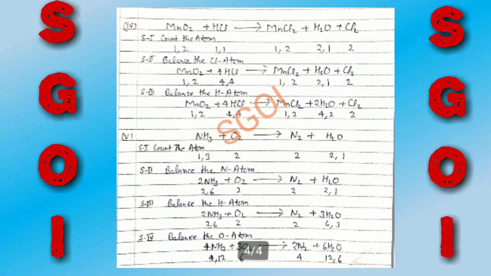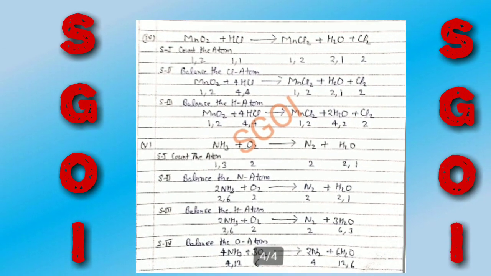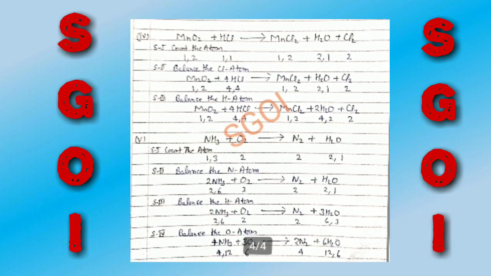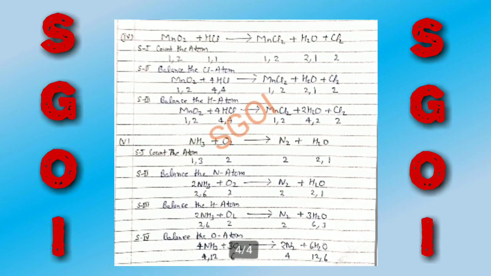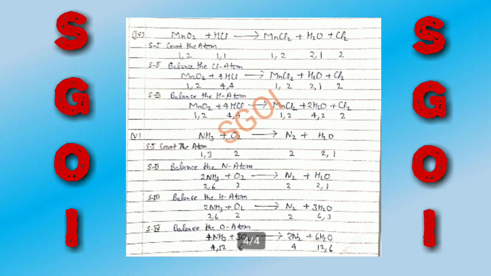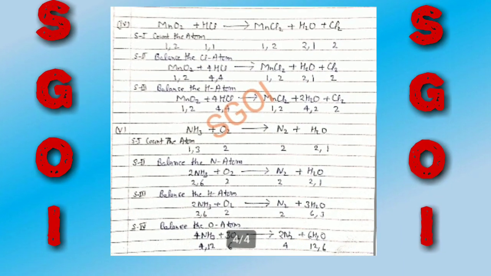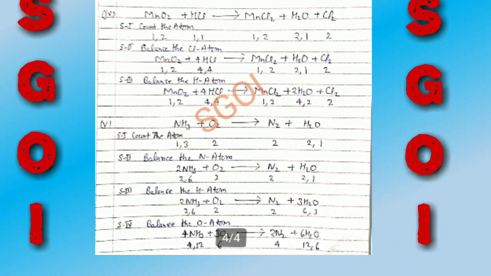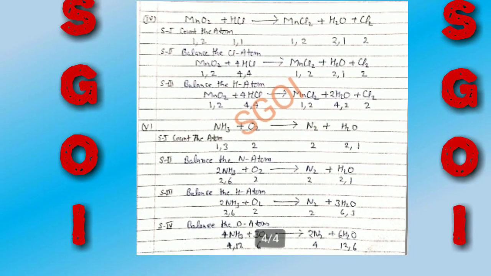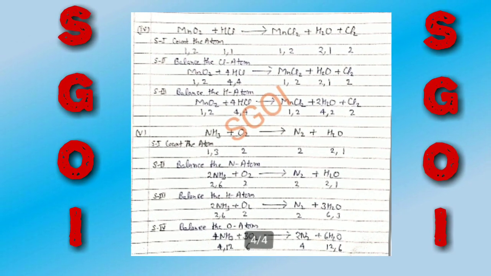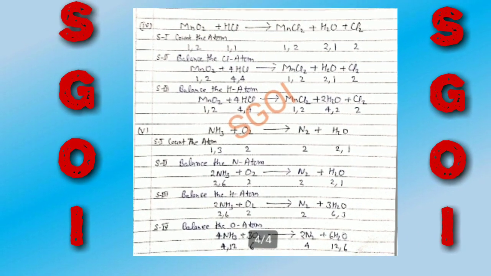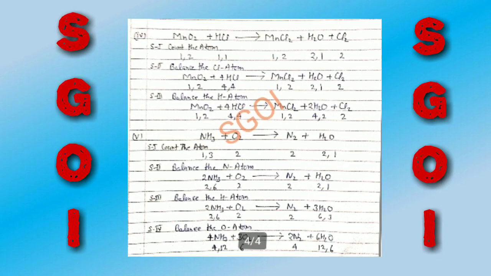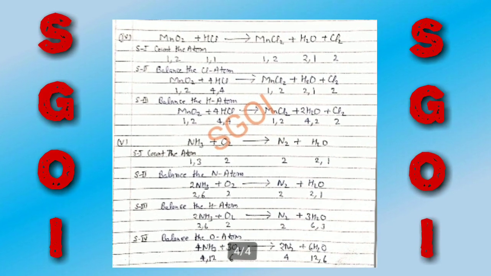Now in the second step, first we balance the nitrogen atom. So we multiply 2 in NH3. That's why nitrogen is balanced. Now in the third step, balance the hydrogen atom. On the reactant side hydrogen is 6, so multiply by 3 in water. That's why hydrogen is balanced.